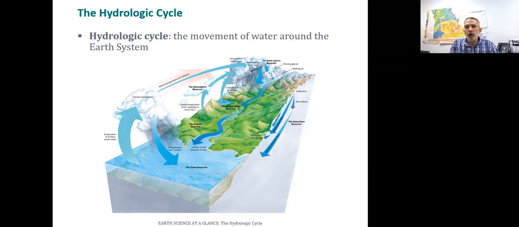Now, the vast majority of this water is in oceans, and so if we looked at the vast amount of salt water, by far, that is in the reservoir is in the oceans. About 97 point something percent of the water on Earth is in the oceans. But that water doesn't stay there. The water evaporates and then will fall as rain or glaciers.